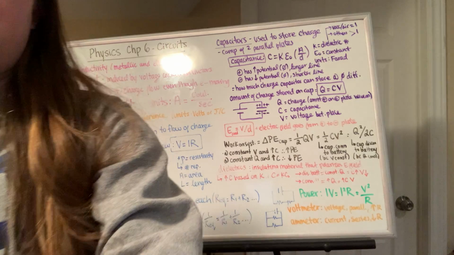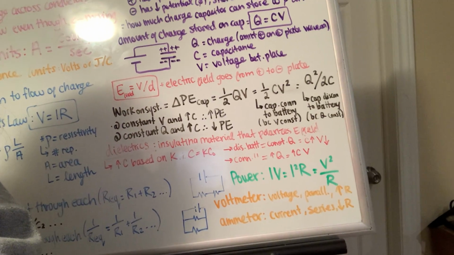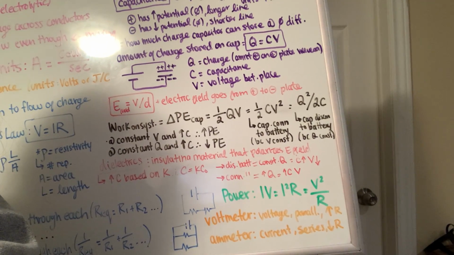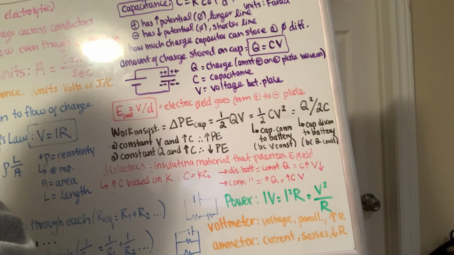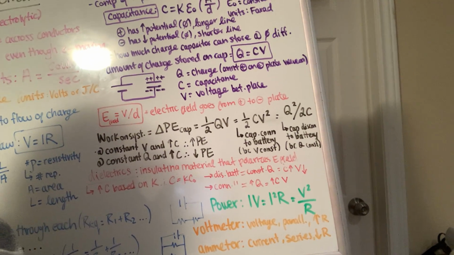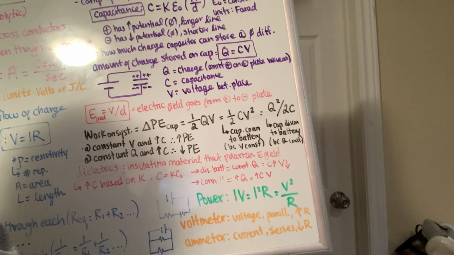I'm going to pick this up and come a little closer so you can see that for a second. And then the second thing there says if you're connected to the battery, Q will increase, and the capacitance also would have to increase because the voltage is what's staying constant.